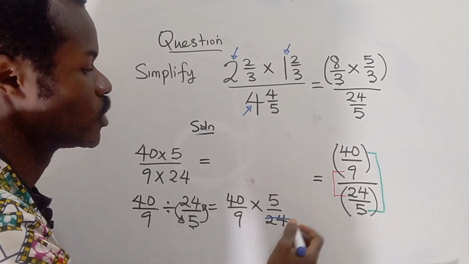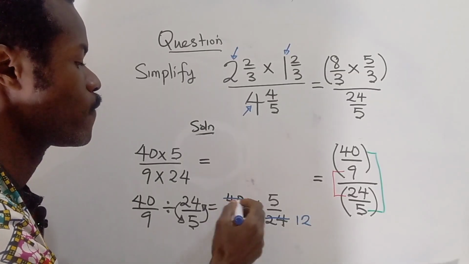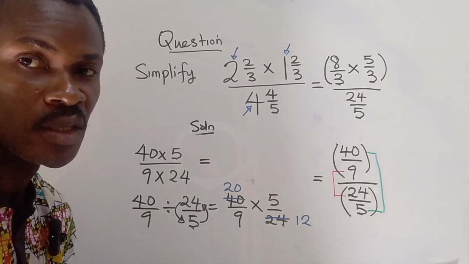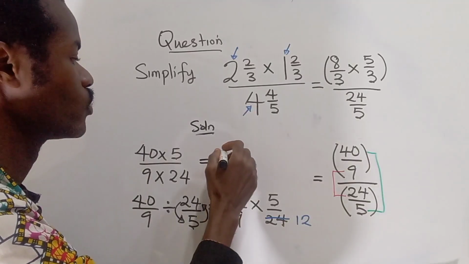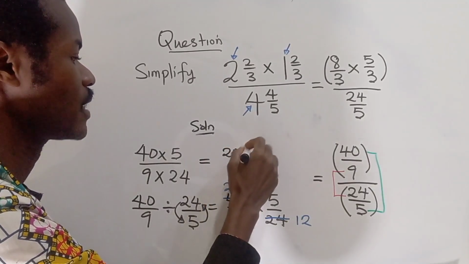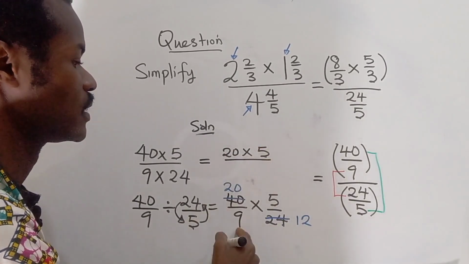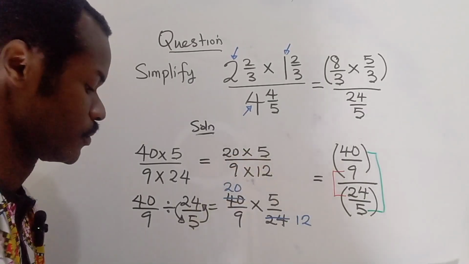So 2 into 24 is 12, and 2 into 40 is 20. So we can further write this expression as 20 times 5 divided by 9 times 12.